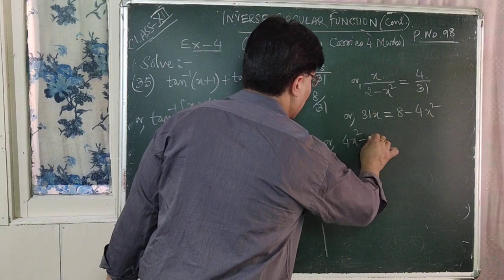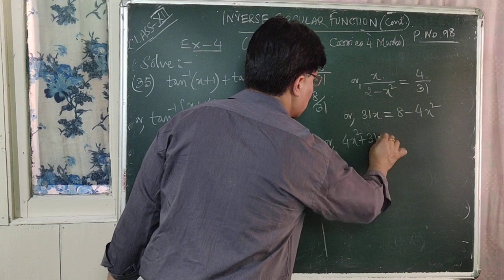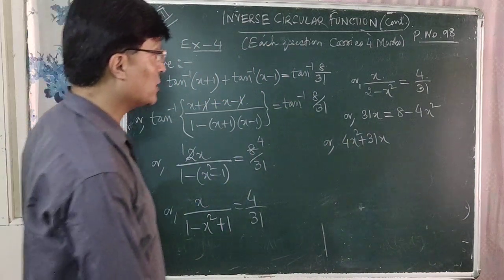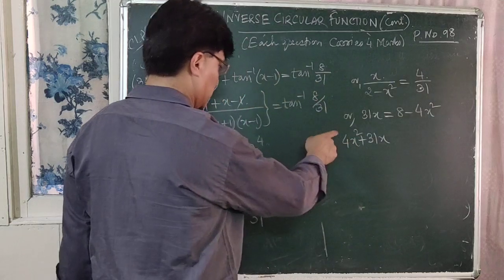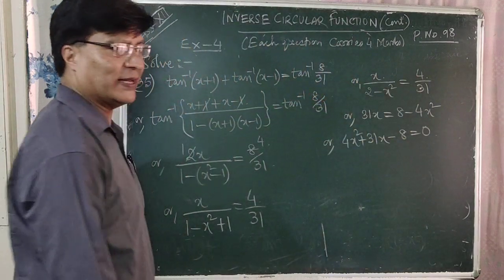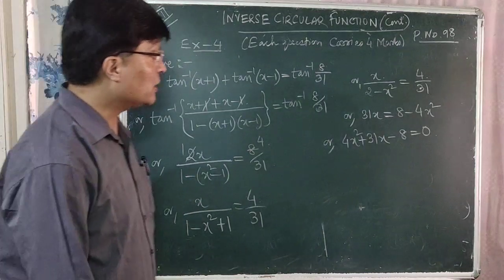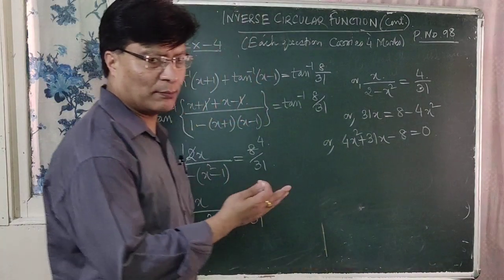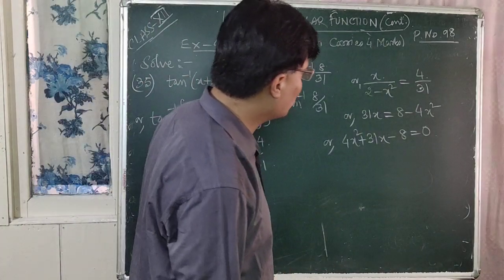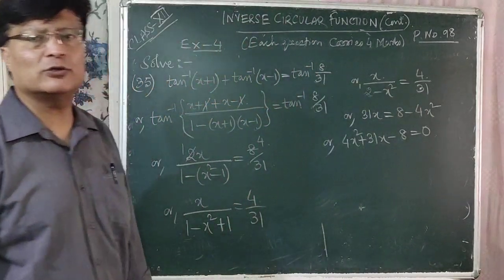So 4x square is taken to the left hand side, it becomes plus 4x square plus 31x minus 8 is equal to 0.